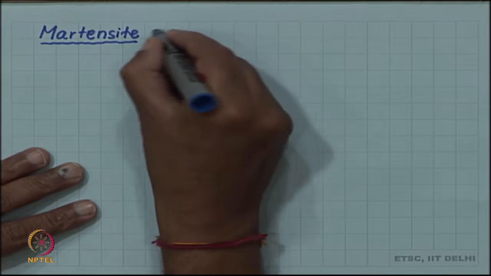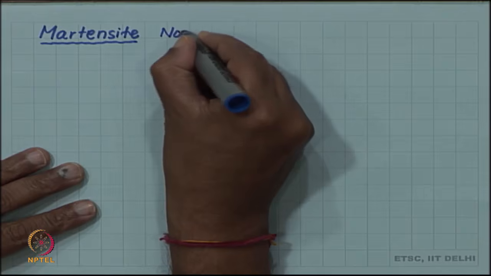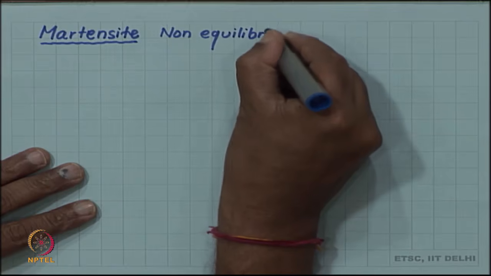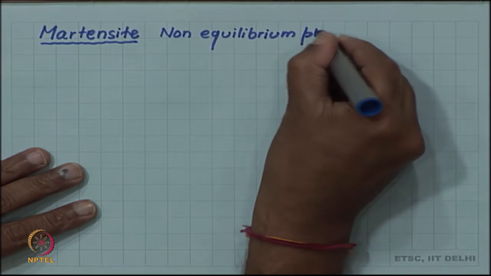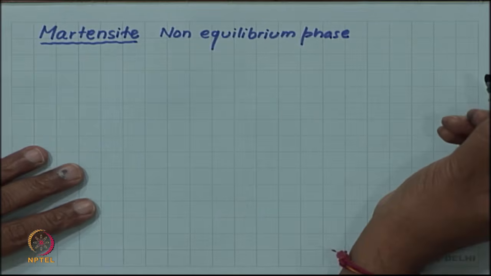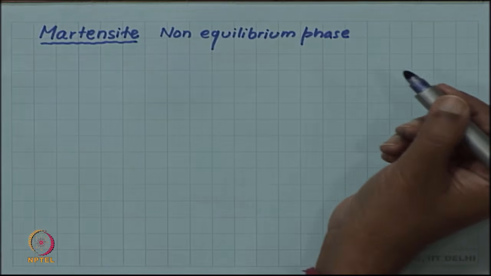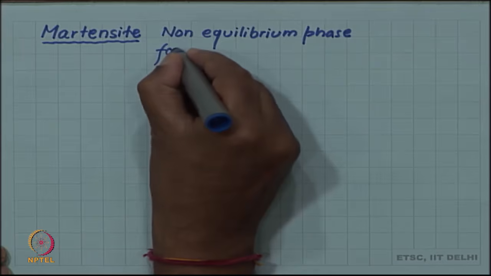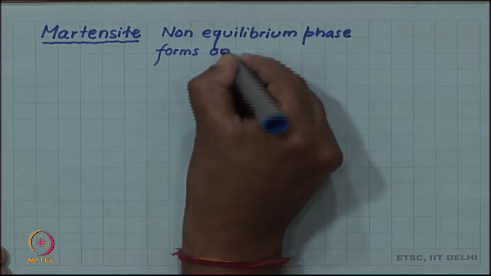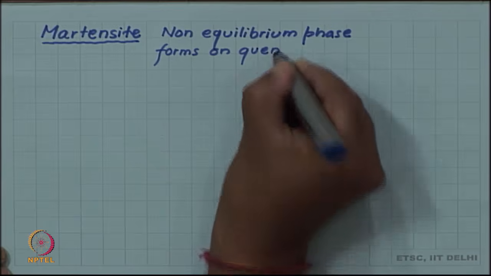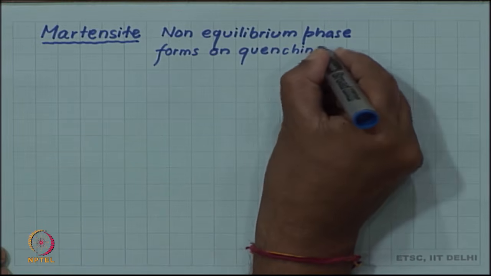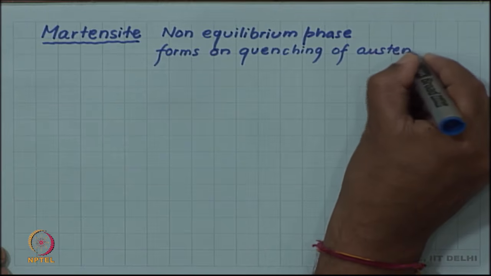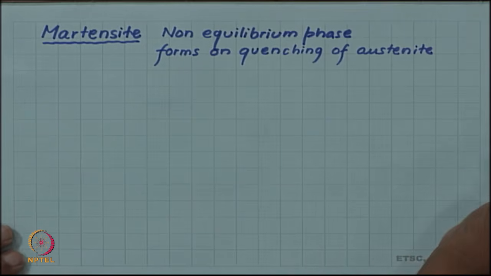So, first of all it is a non equilibrium phase, and is formed on extremely fast cooling of austenite. Quenching of austenite, or extremely fast cooling.